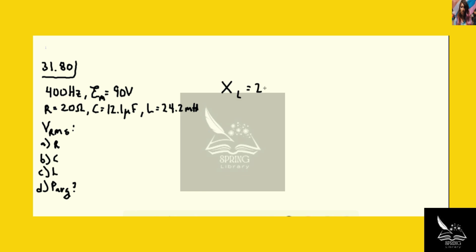Before we get started finding the RMS voltage, it helps to find the reactances of the two reactive components. The reactance of our inductor is 2 pi f L. This is 60.82 ohms.